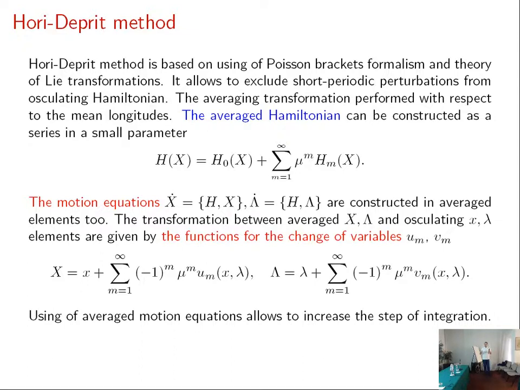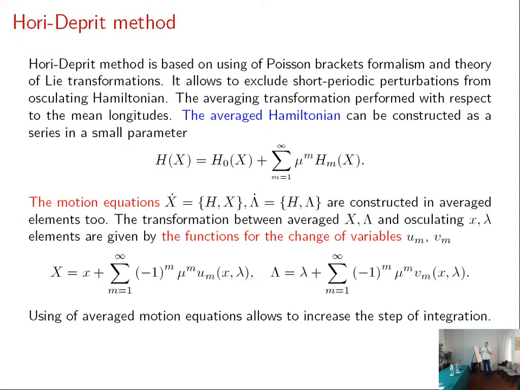We use the Hori-Deprit method for the construction of the averaged Hamiltonian and motion equations in averaged elements. The Hori-Deprit method is based on the use of Poisson brackets and the theory of Lie transformations. It allows excluding short-periodic perturbations from the oscillating Hamiltonian.